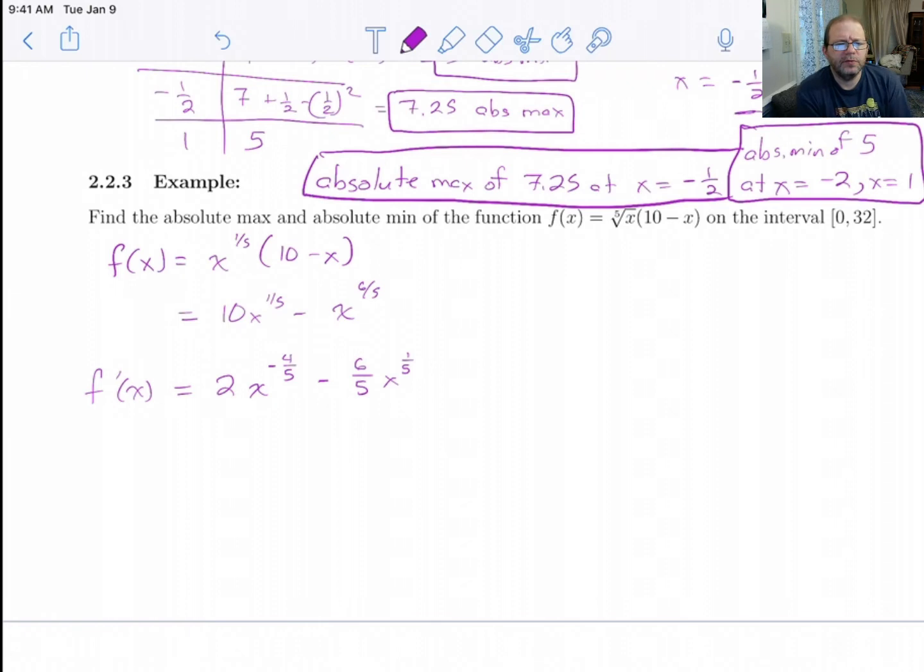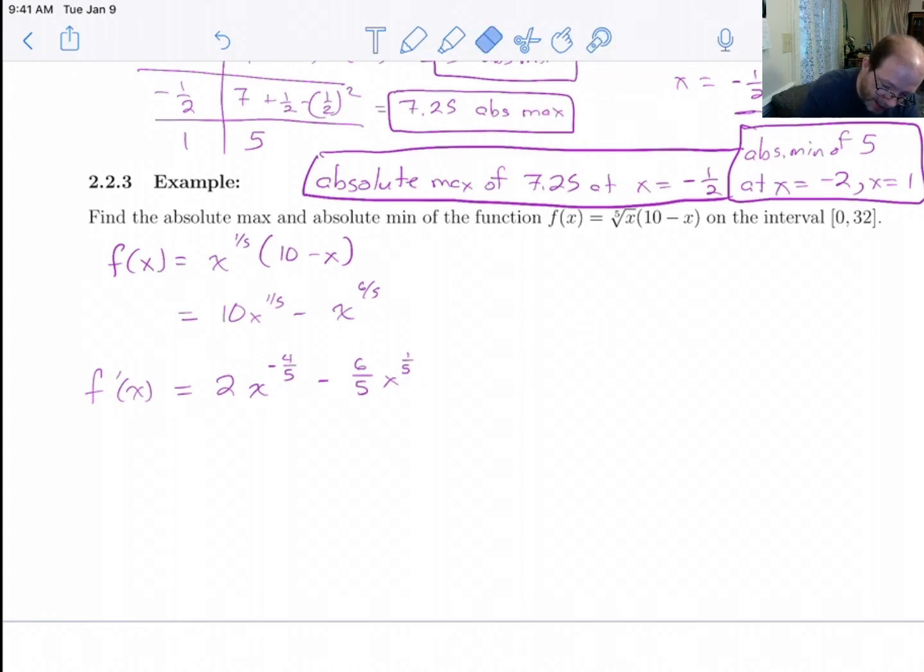All right. Now, to find the critical numbers, 0 is going to be one of the critical numbers. You can tell because you plug in a 0 there, you get 0. But let's factor out what we can here. You can factor out an x to the -4/5. Why that? Well, keep in mind, if you were factoring out, say, x squared plus x to the 7th, you'd factor out x squared because that's the lower of the 2 numbers. Over here, the lower of these 2 exponents is -4/5.